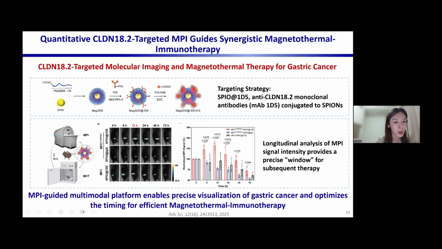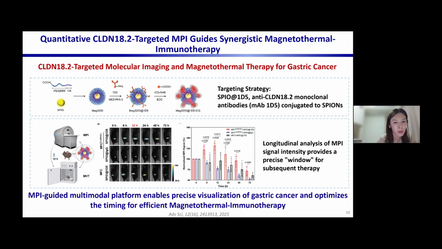In our gastric cancer animal models, we injected this targeted probe and performed MPI imaging in vivo. Our results showed that MPI could effectively visualize tumors with high Claudin 18.2 expression. In this study, besides MPI imaging, we also did magnetic hyperthermia.